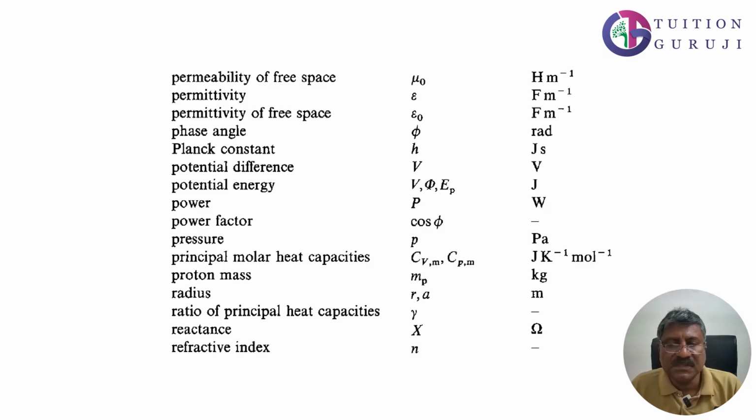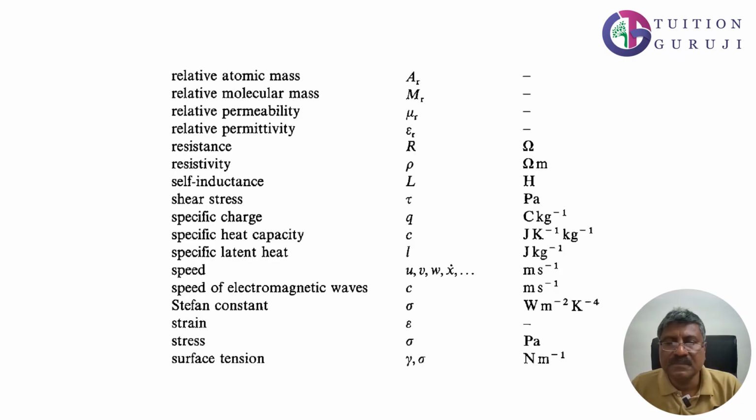Then reactance in ohms. The refractive index has no units. The relative atomic mass, relative molecular mass, relative permeability, relative permittivity, all have no units. Since it is a relative quantity, it's a ratio of two quantities of the same unit.